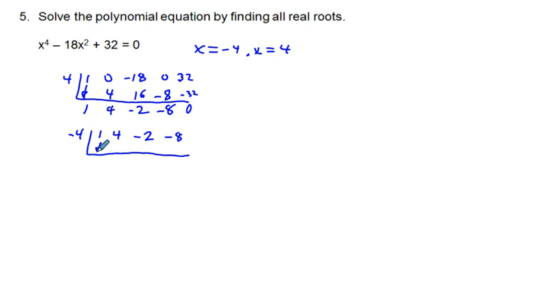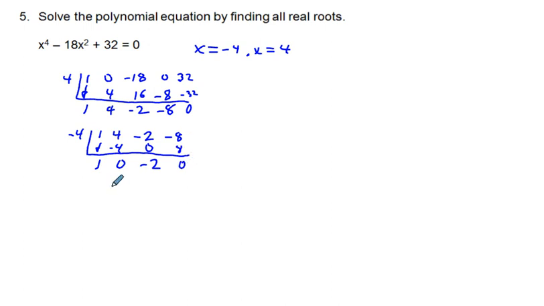So 1. 4 times 1 is 4. 0. 4 times 0, 0. -2. 4 times -2 is 8. 0.